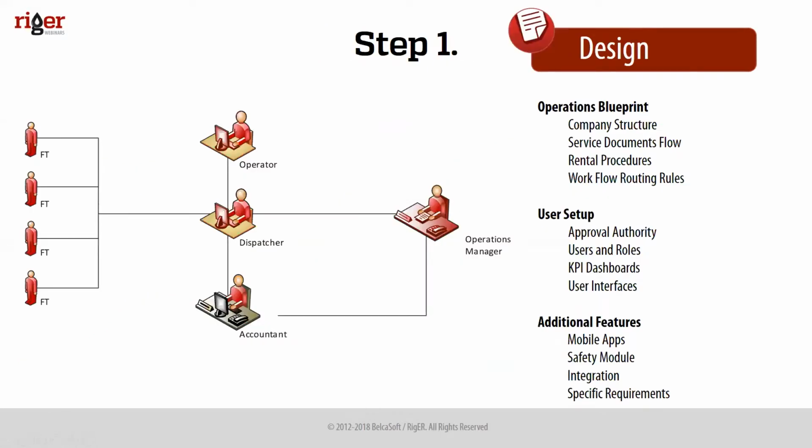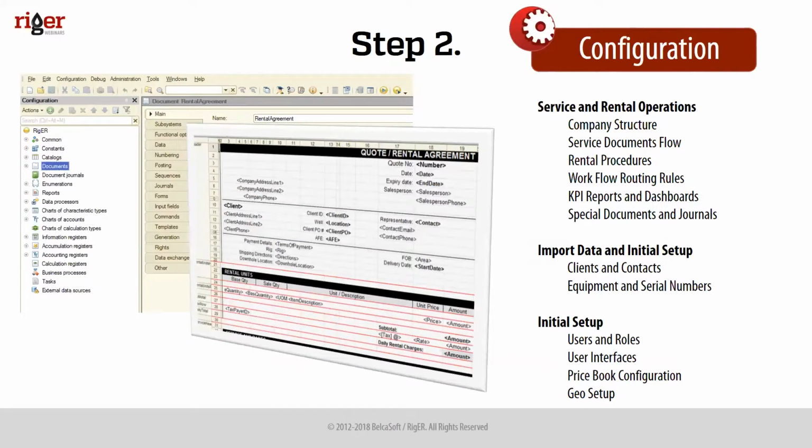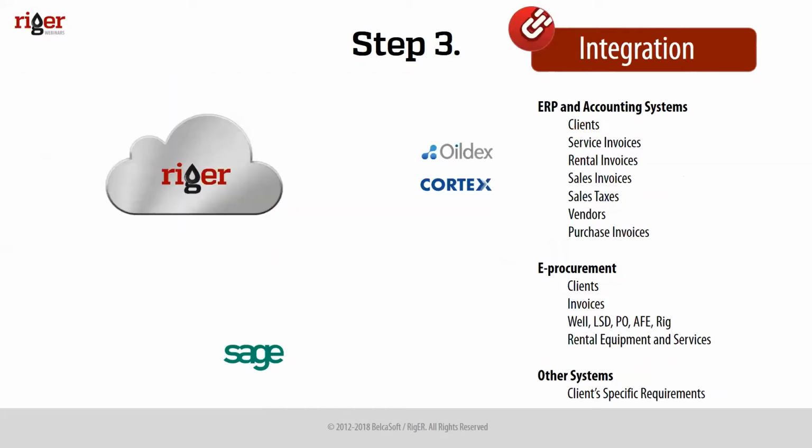Step number 1, usually it's operation blueprint, understanding what kind of business requirements we have, user setup, and figuring out what kind of additional features we can add to the system. Step number 2 is actually coding, when we add more flavor to our product and run some internal development in the system.